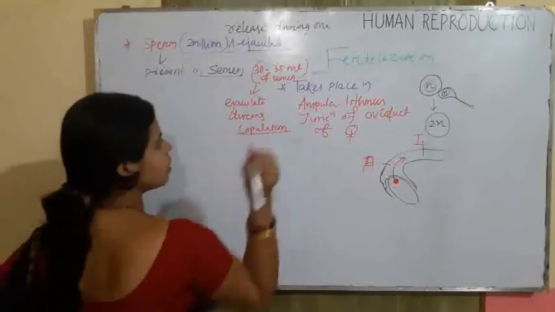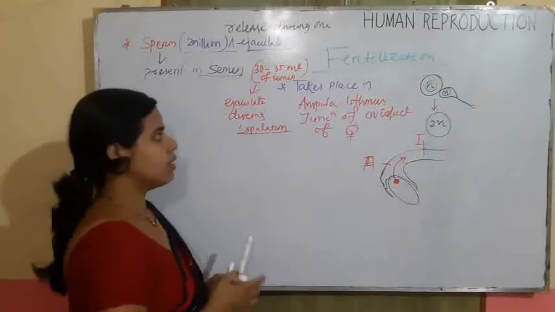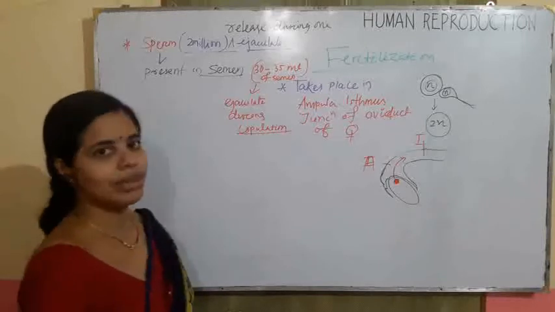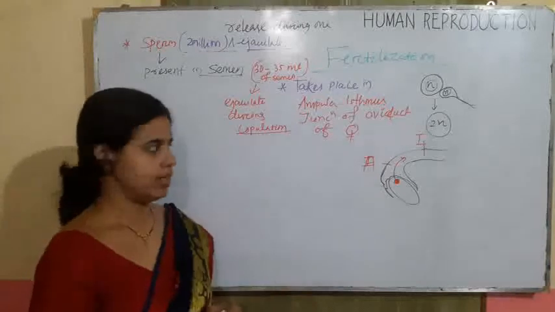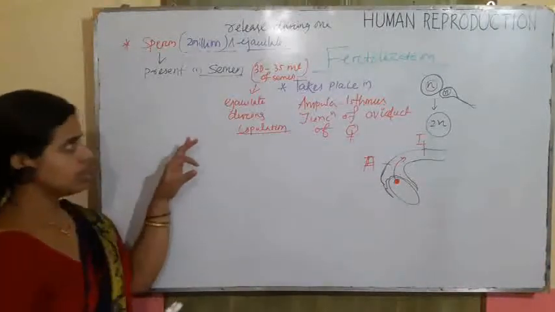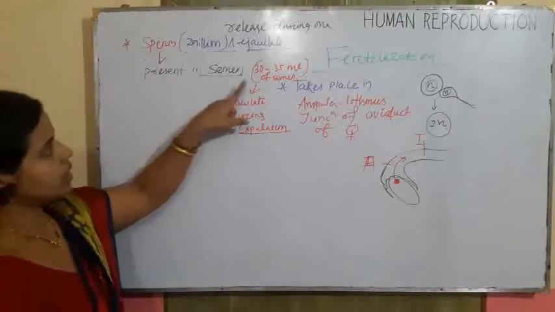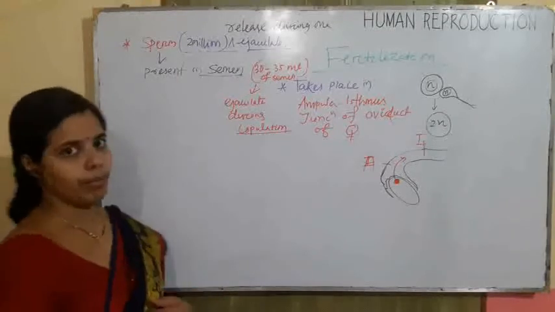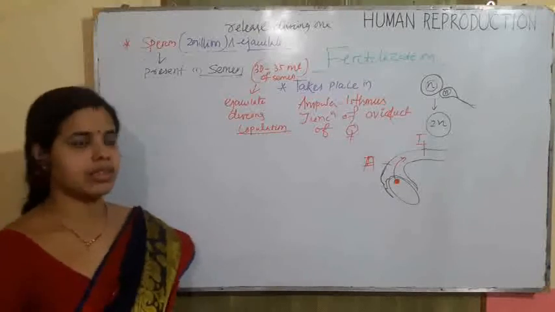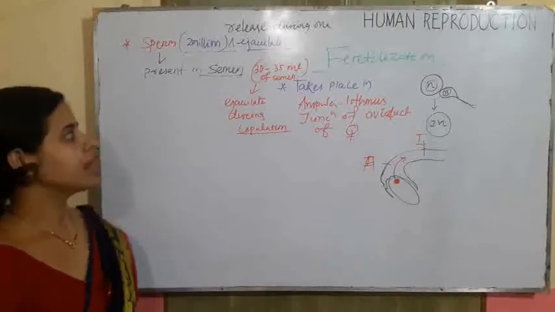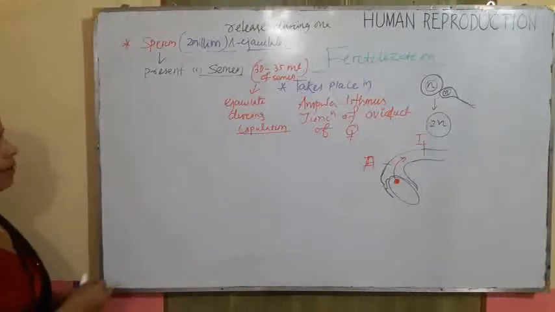Copulation is the process in which the semen gets deposited in the vagina. So during this process, 30 to 35 ml of semen is deposited, in which around 2 million sperm are released.